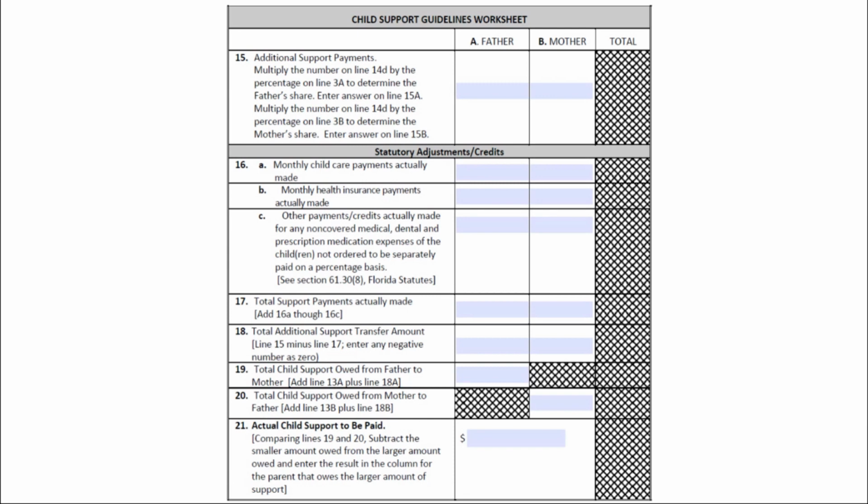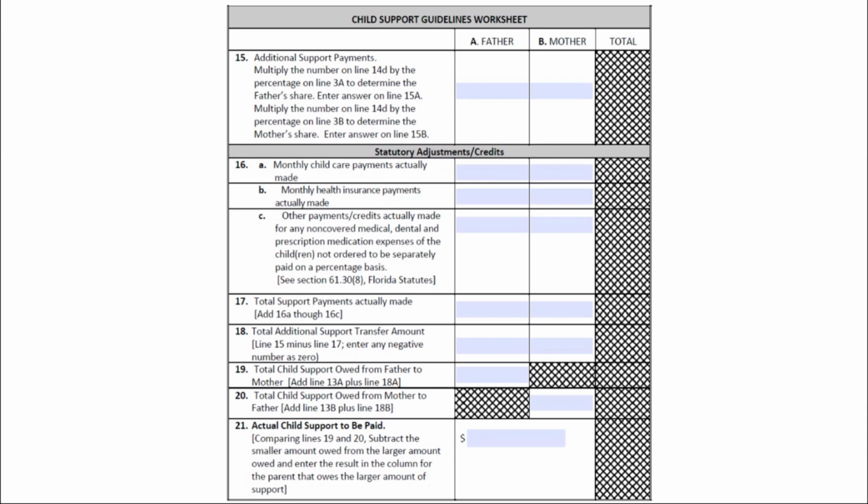Otherwise, the calculation will be inaccurate for the court's consideration. Once you have multiplied line 14D by 3A, you will be able to determine the father's share of additional support payments. Put this number on line 15A.